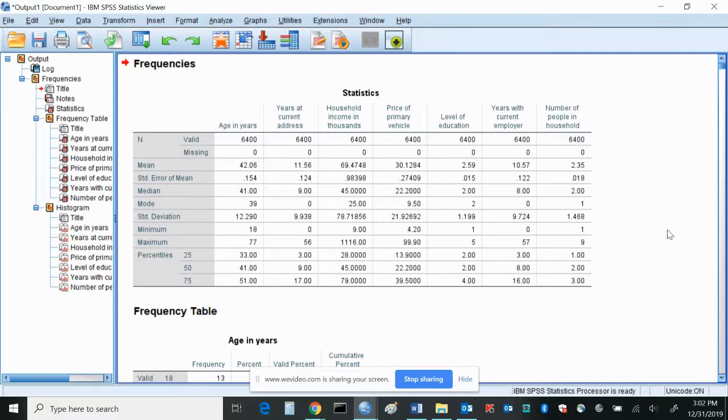Last, we'll look at the number of people in the household. These are much tighter and smaller because it's just the number of people living in the households. Again, on average, it seems there's about 2.35 people in the households, with 2 as the median. The mode is 1, so this is not a perfectly normal distribution, because otherwise the 3 values would be the same, but it's a relatively normal distribution.